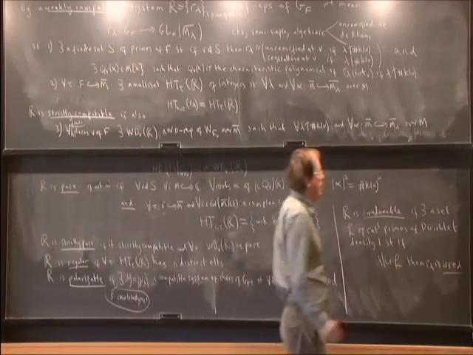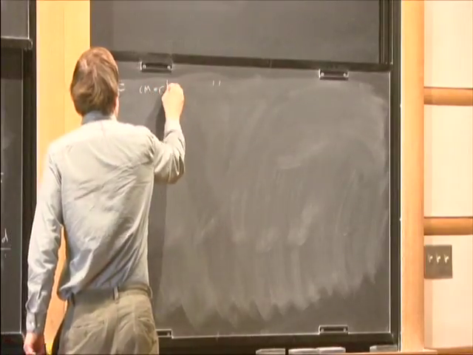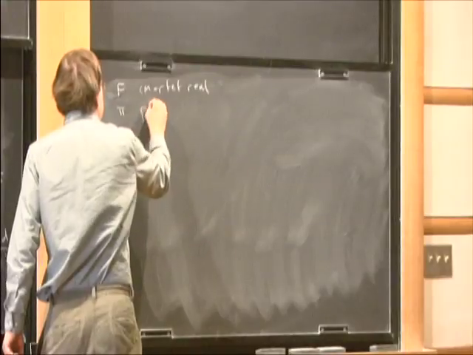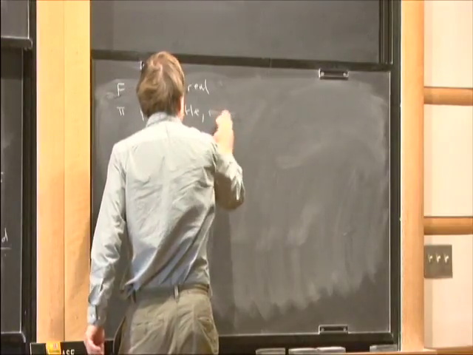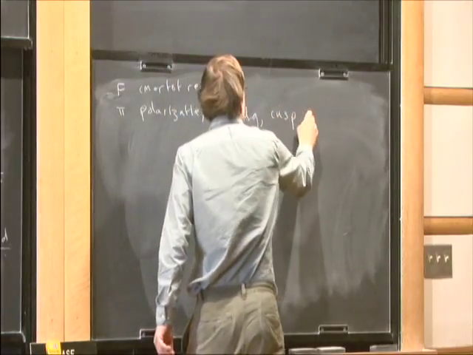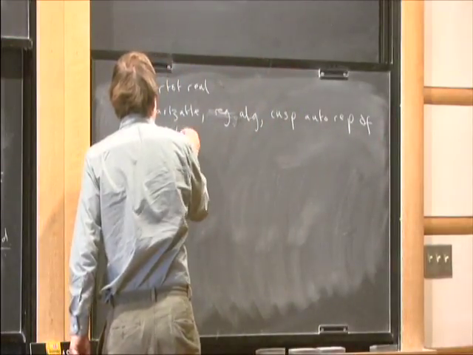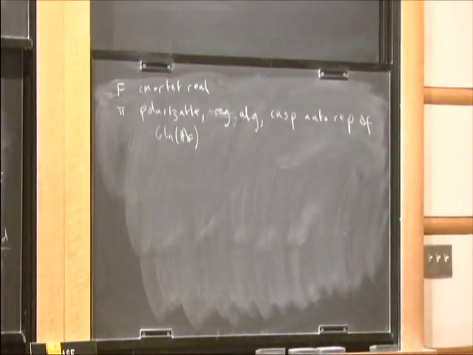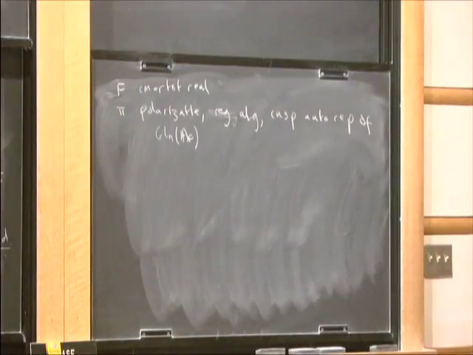If I have pi, so go back to the case F CM or totally real, and if I have pi a polarized or polarizable cuspidal regular algebraic cuspidal automorphic representation of GL_N of A_F, then we know how to associate to a prime L and an isomorphism of C with Q_L bar, an L-adic representation.